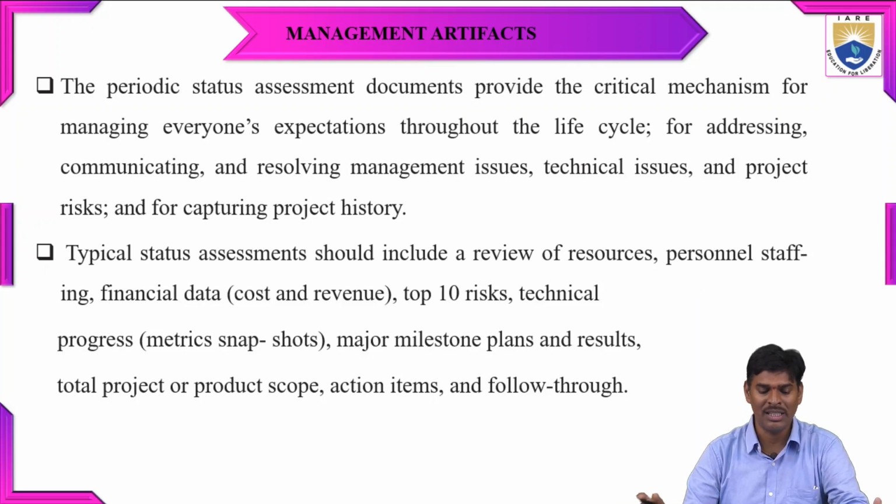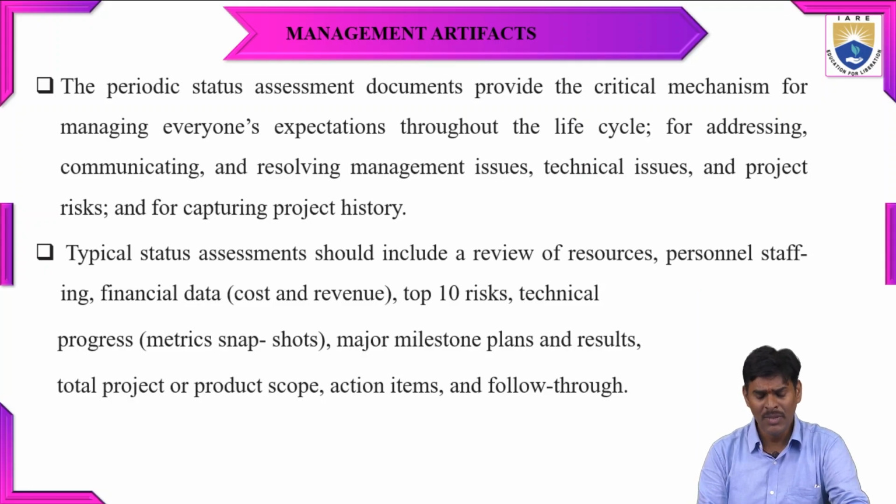And we have another one, the typical status assessment. During this typical status assessment, we can review the resources, and also the personnel staffing and financial data. During the financial data, they are going to check the cost and revenue expectations, and verify the top 10 risks that may happen.